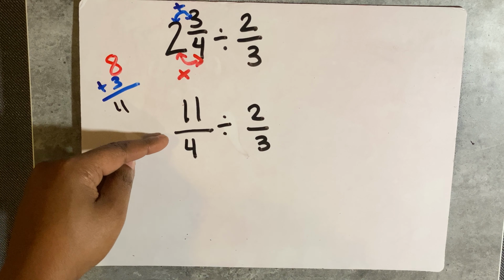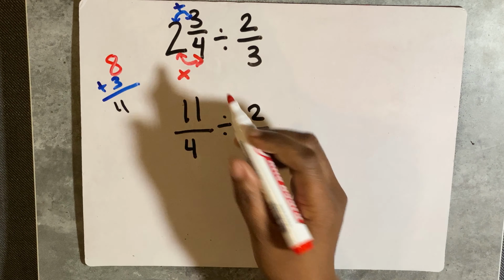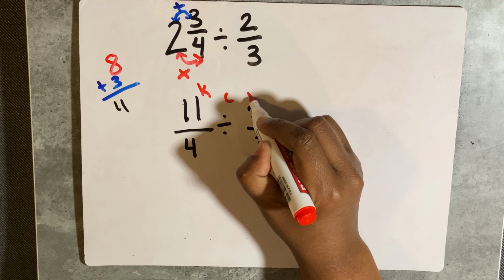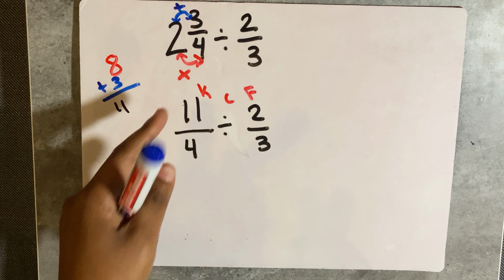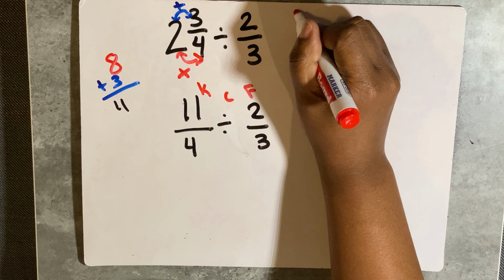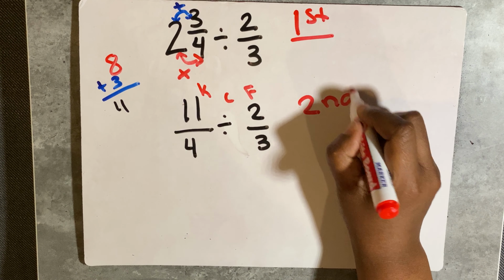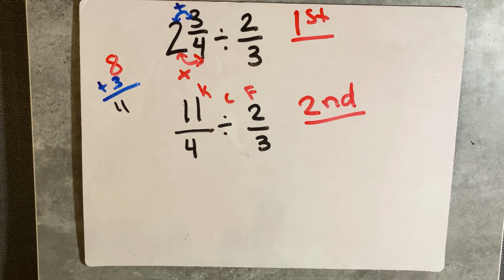The next step is to keep change flip. You cannot keep change flip before you do that. You need to do this first. So this needs to be our first step, and this needs to be our second step. Okay? First, second.